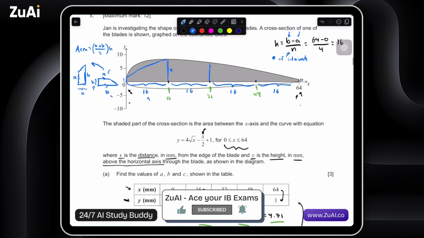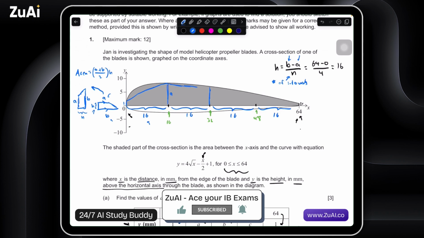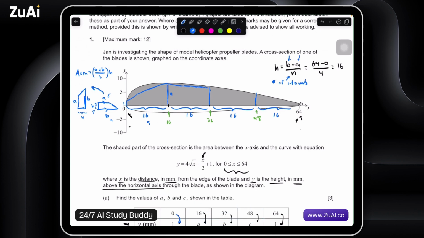When it's 32, our height is 7.63. And then another trapezoid. Let's actually put that in, 7.63. And then we have another trapezoid at 48, which is 4.71. And then finally, one more trapezoid all the way here. Again, with this height, since we are flipping it on its side with a height of 16.